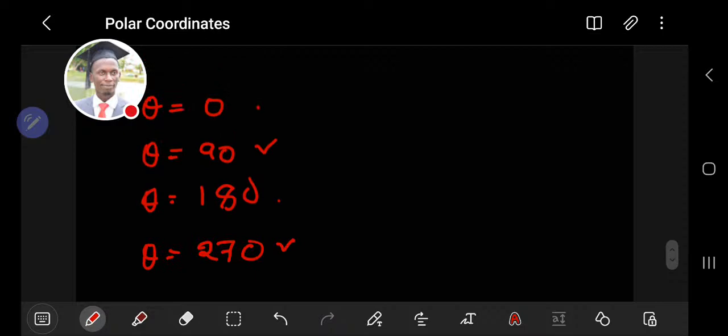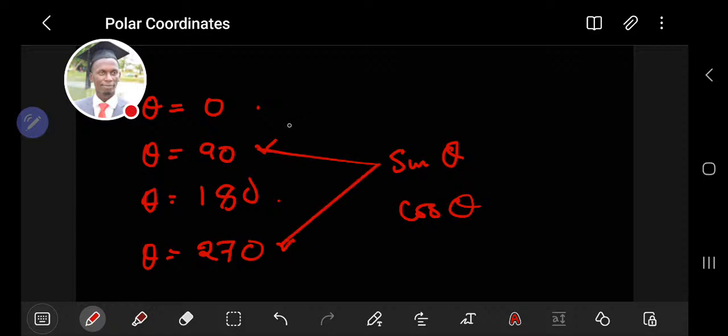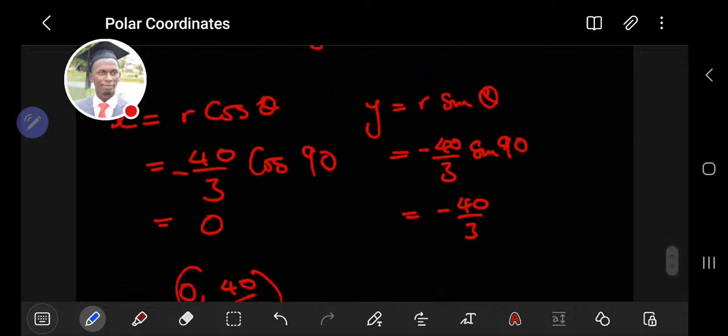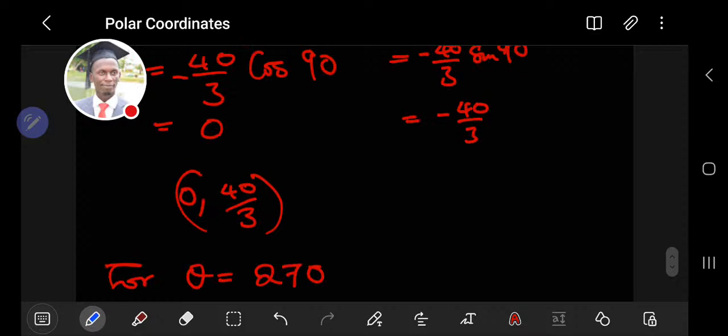So if it's sine, I'll go with this. If it's cos, I'll go with this. So these will be the ones that give me the vertices.